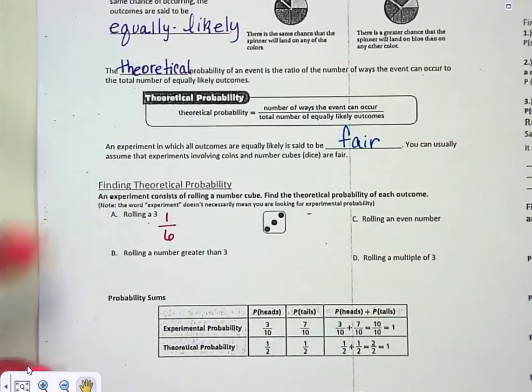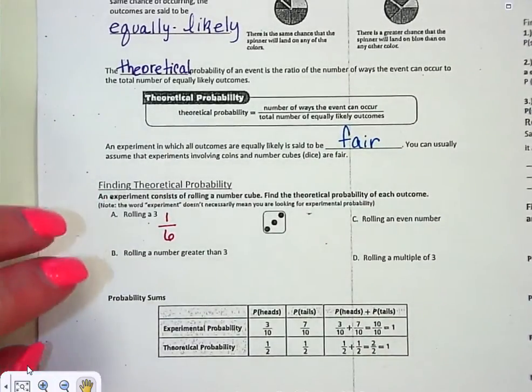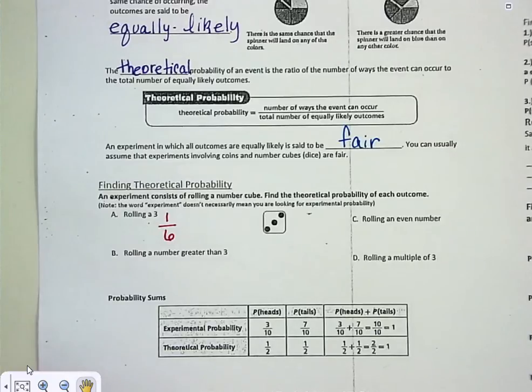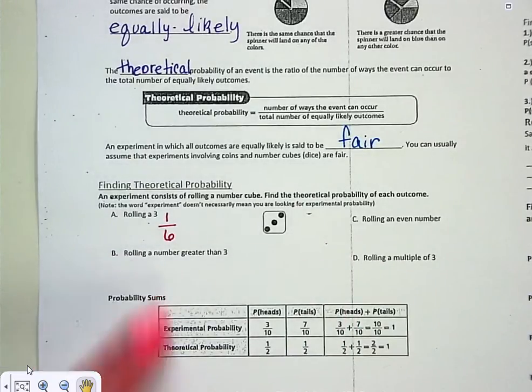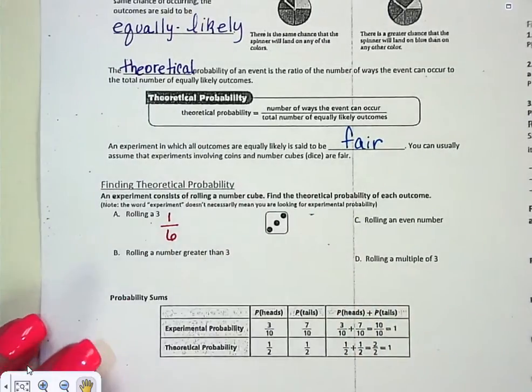I could turn that to a decimal and a percent if I needed to, but it doesn't tell us we need to. So, what is the theoretical probability of rolling a number greater than 3? How many numbers are greater than 3 on a dice? 3 out of 6. Should we simplify that?